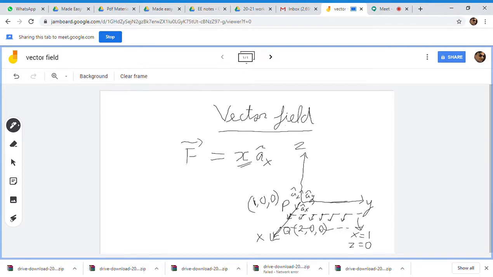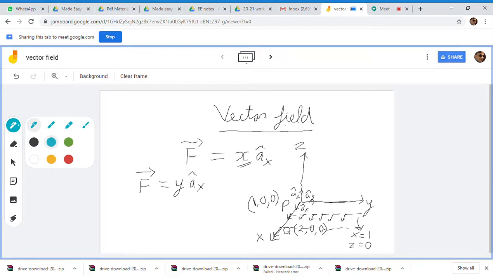Okay, let us draw another vector. This is the vector F. Let me draw this vector. So, could anybody draw this field vector? Can you give it a try?